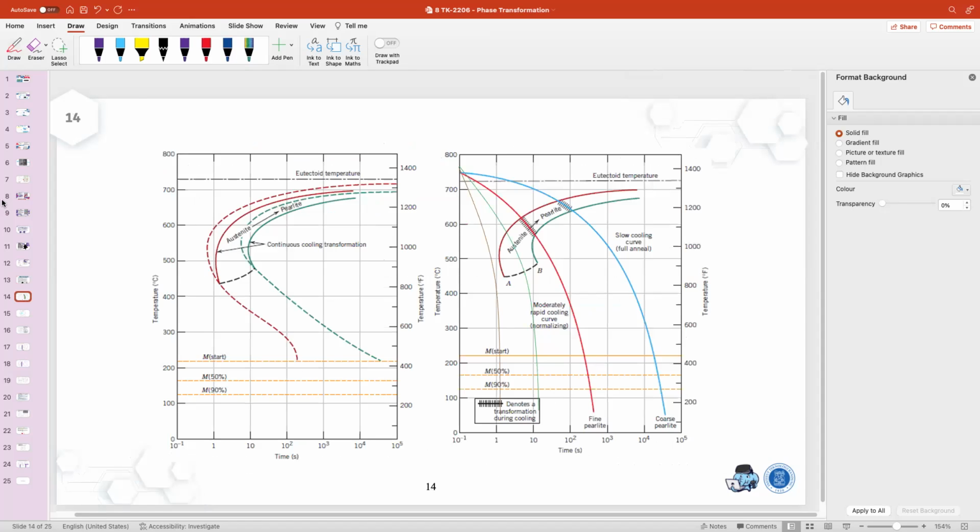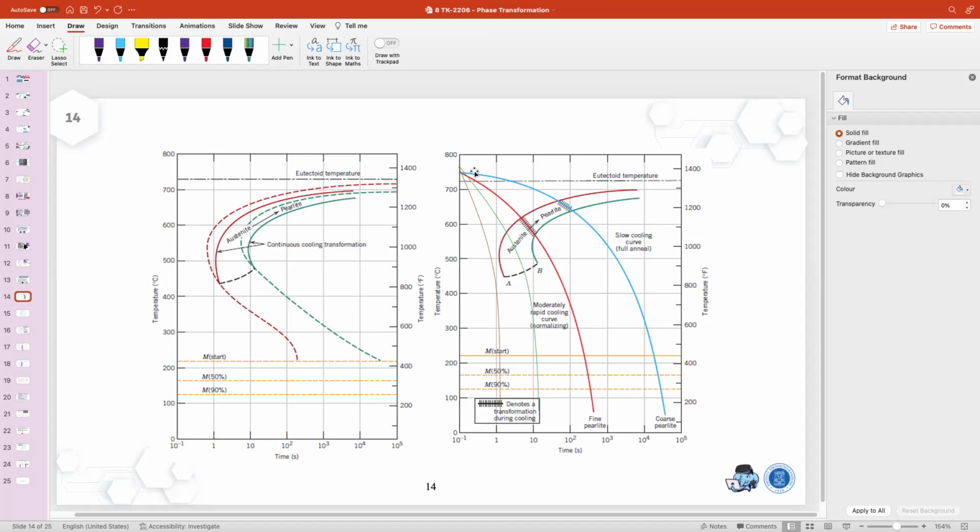I'll just give an example like this. The continuous cooling transformation looks like this one. So for example, here, in a continuous cooling transformation, instead of the isothermal transformation with the dashed curve, the one here is the continuous cooling.